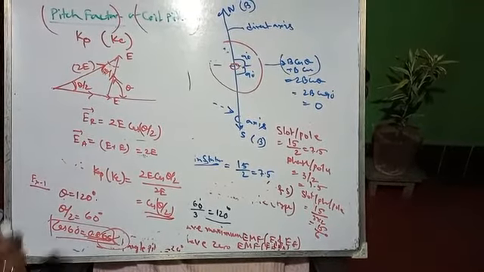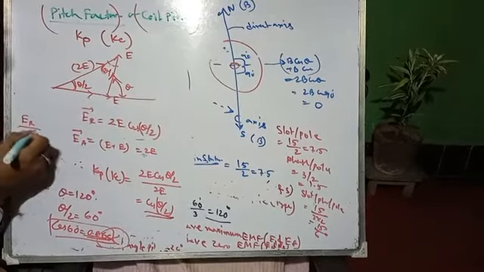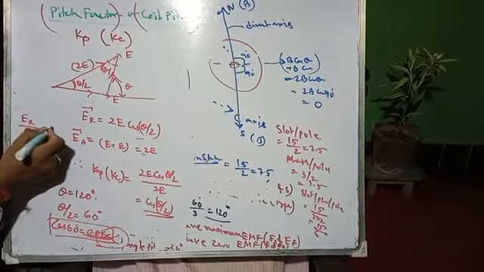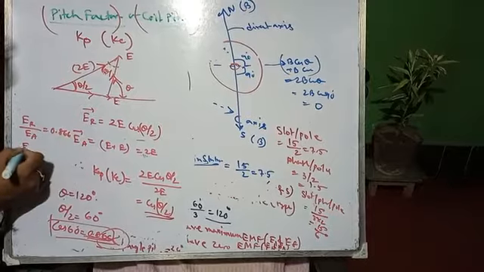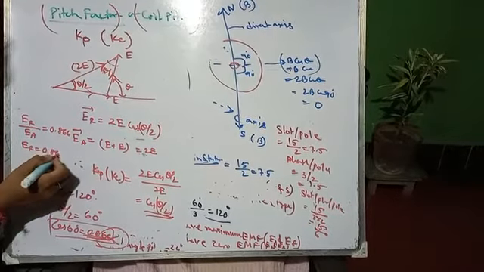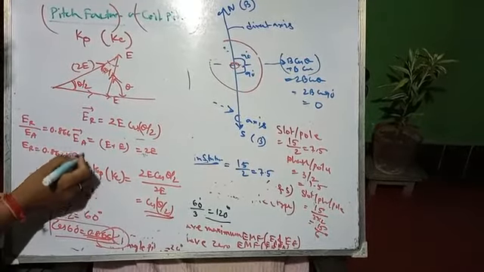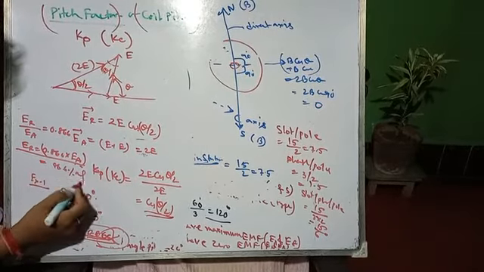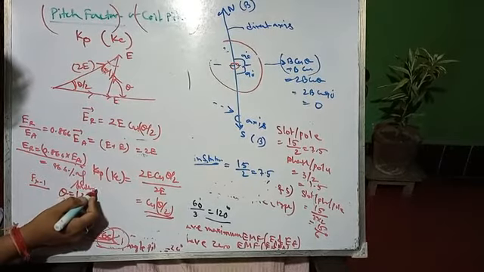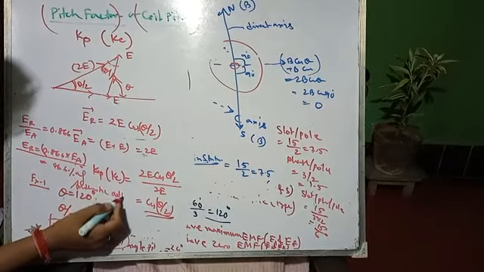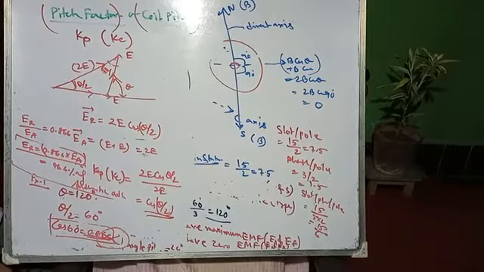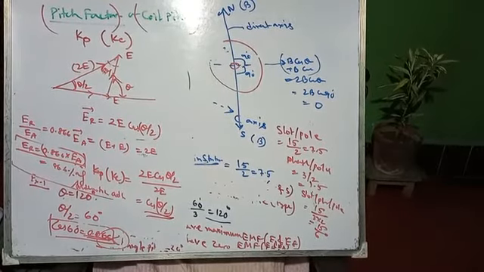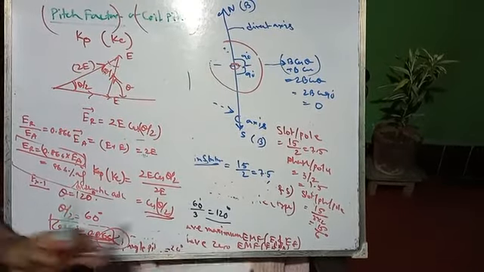That means ER by EA equals 0.866, so ER equals 0.866 times the arithmetic addition of these two. That is 86.6% of the arithmetic addition, so 86.6% is your chording fraction or chording ratio.